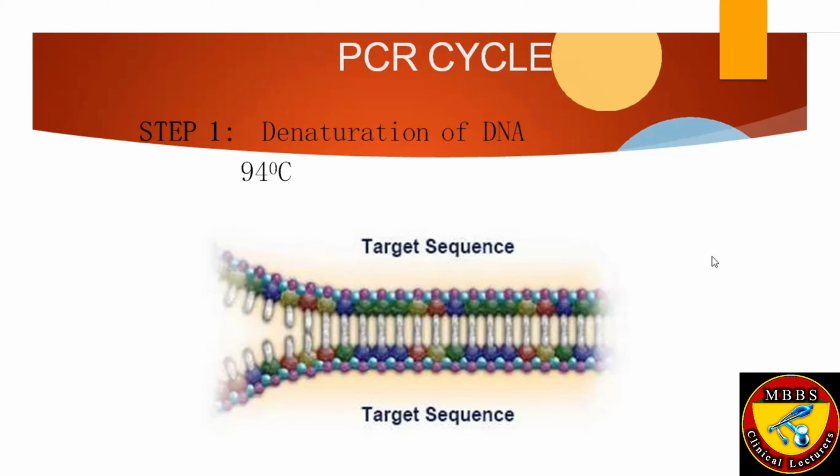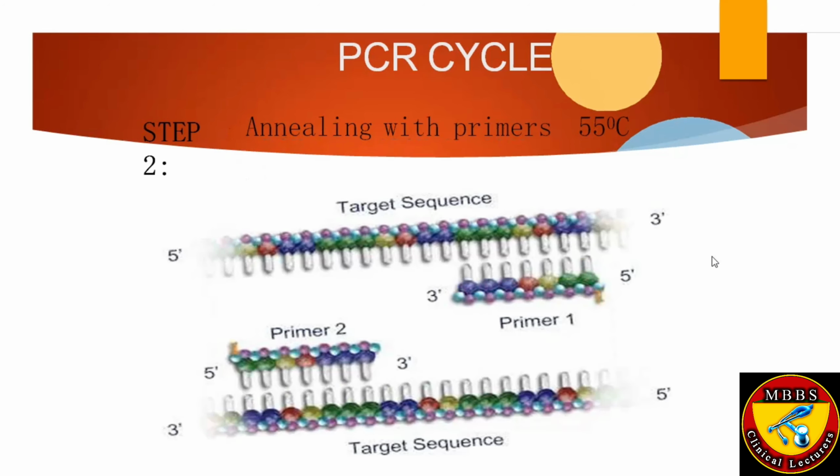PCR cycle. In the first step, there is denaturation of DNA, usually done at 94 degrees centigrade, in which the DNA is denatured and separated. Second is the annealing phase, which is done with the help of primers.